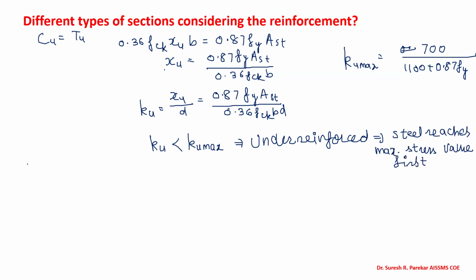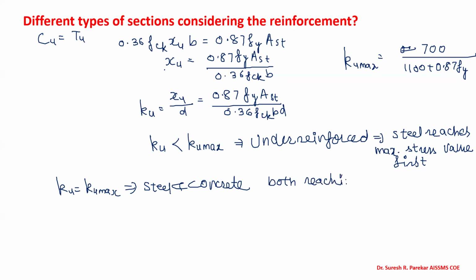Now, if Ku is equal to Ku max, in this case steel and concrete both reach maximum stress value simultaneously.